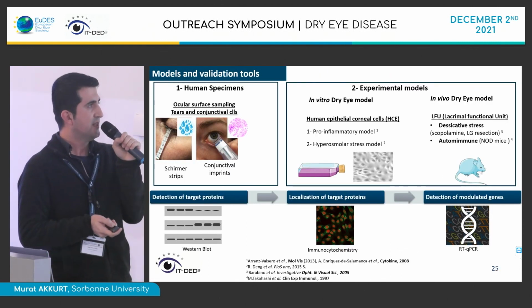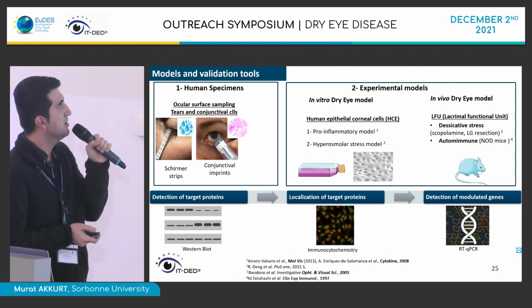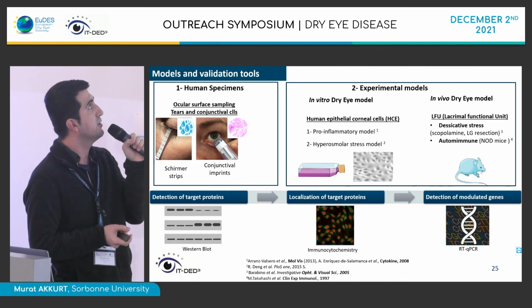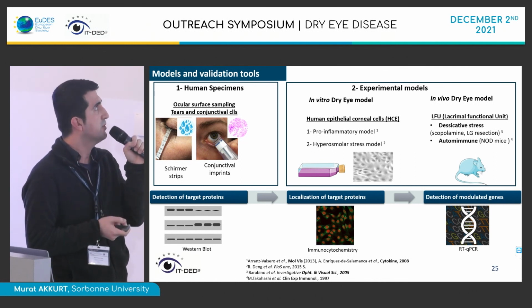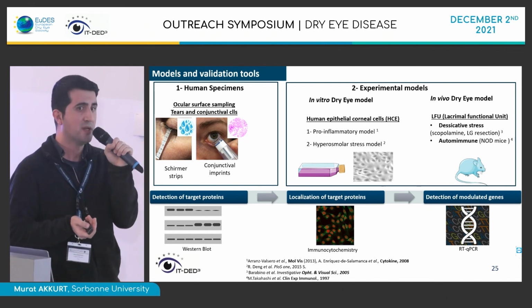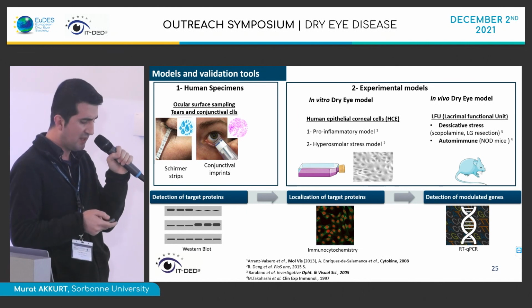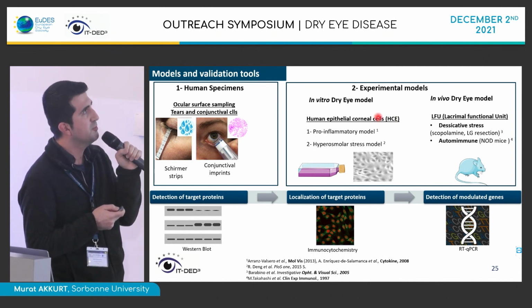So for validation of these targets of interest, eventually we will work. I work with human specimens. I'm lucky here because I have access to human specimens such as Schirmer strips, conjunctival imprints collected from dry eye patients, and at the same time I do in vitro model.